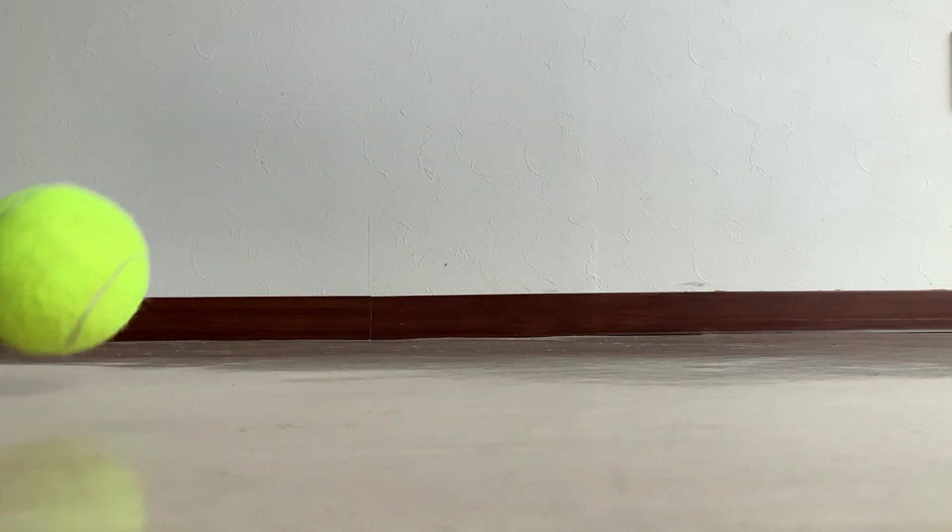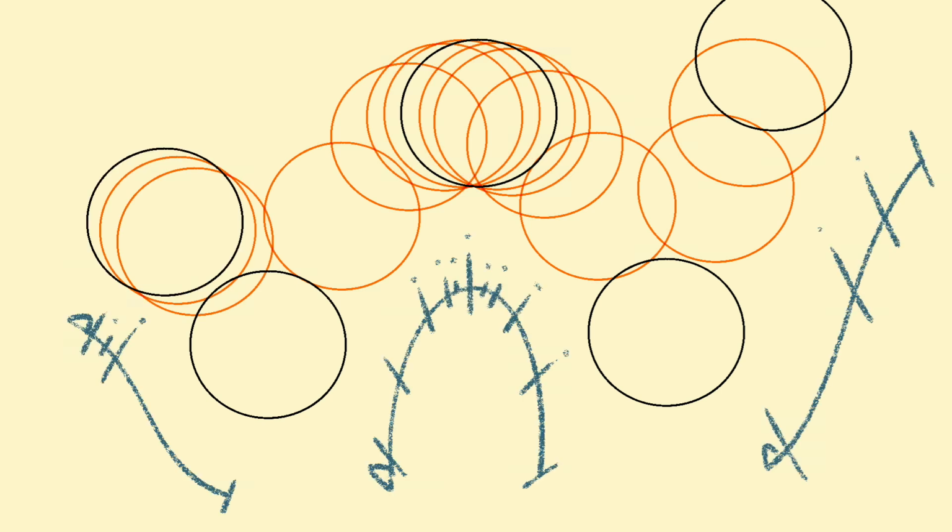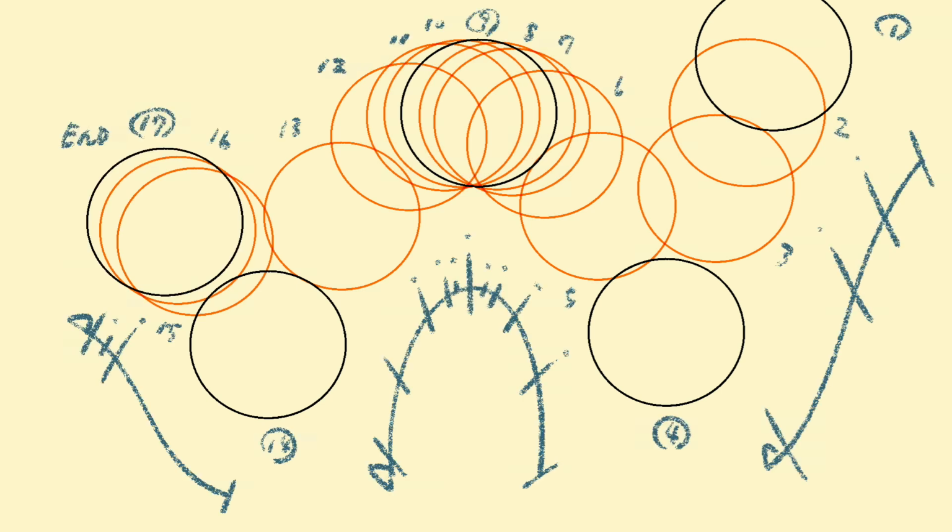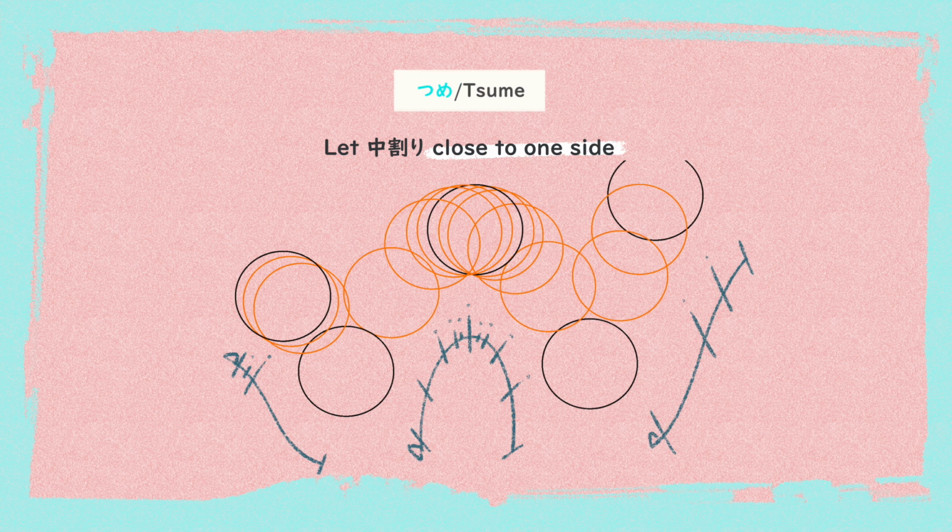Tsume. Next situation, a ball is bouncing. I will animate this and then it's like this. The Nakawari points will be close to one side. In this way, letting Nakawari close to one side is called tsume.